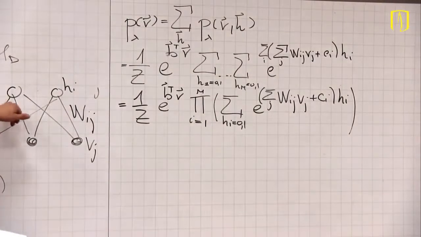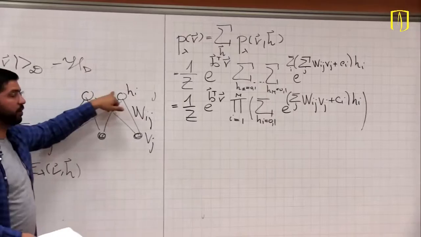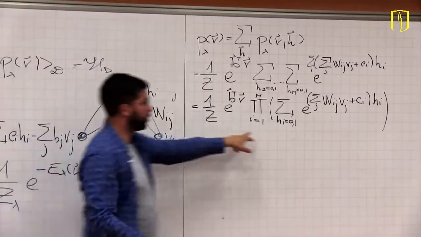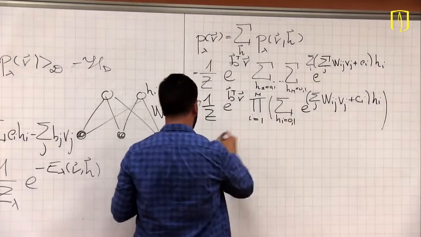And the reason is because the hidden layer units are not talking to each other. If we had some interaction between the hidden layer, then we could not have done that. Okay, so we can do this.